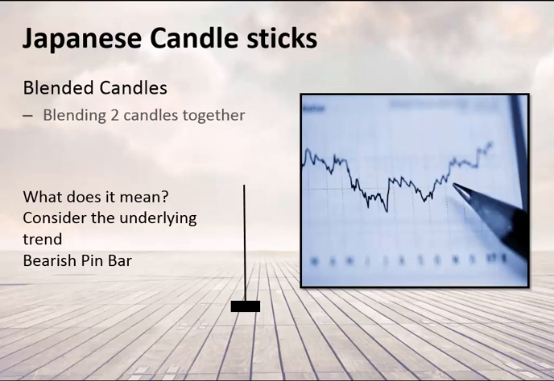But if we saw this particular formation during an overall downward trend, then this would be even more bearish. So what you need to do is consider the blending of the candles in alignment with the overall trend. Certainly a bearish formation, but even more so when we're in a downward trend as opposed to an upward trend.